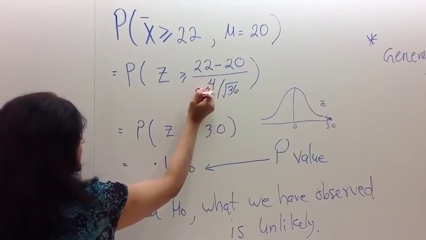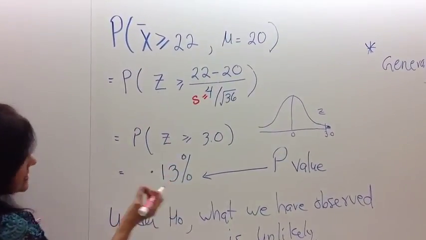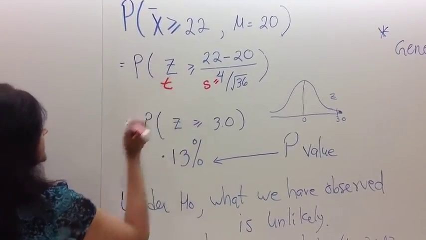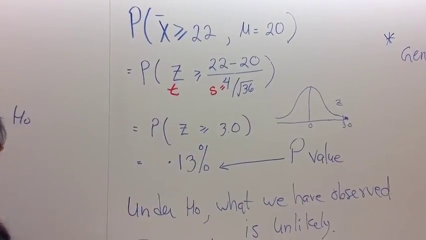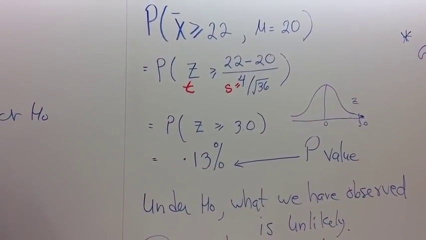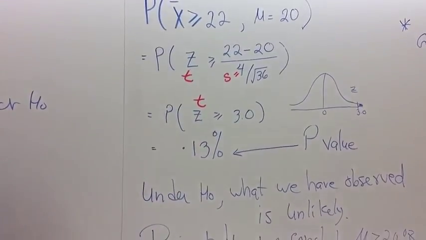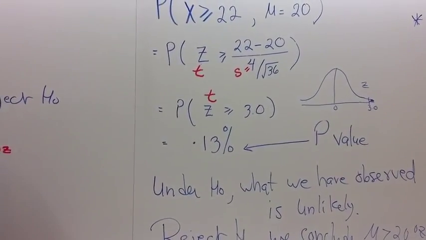But remember, this 4 represents S, not sigma. And as a result of that, this quantity that we have standardized is no longer called Z, it is called a T value. So now the question is, what is the probability that a T score is bigger than 3?